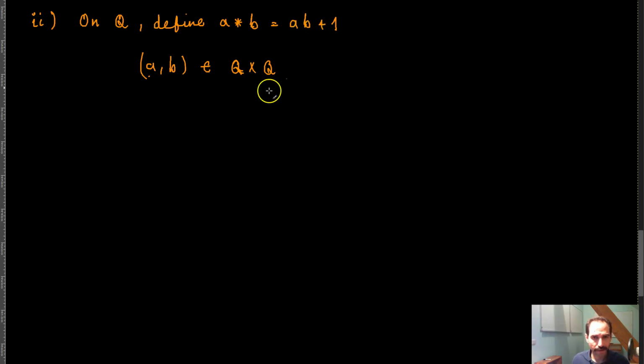But as far as being commutative and associative is concerned, of course it's going to be commutative, because what you're doing with A and B is just multiplying them together, and in multiplication the order doesn't matter.